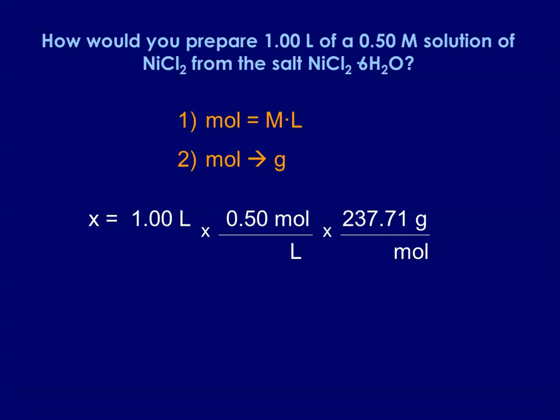If you do them separately, take care not to round off too quickly with your sig figs. You have 2 sig figs in your molarity, and that gave me 120 grams when I rounded my answer to 2 sig figs. Now, when you think about finding the molar mass of that hydrate, remember you find it for the Ni and the 2 Cls, and then you add the 6 waters to it. So I need approximately 120 grams to make this 0.5 molar solution of 1 liter.